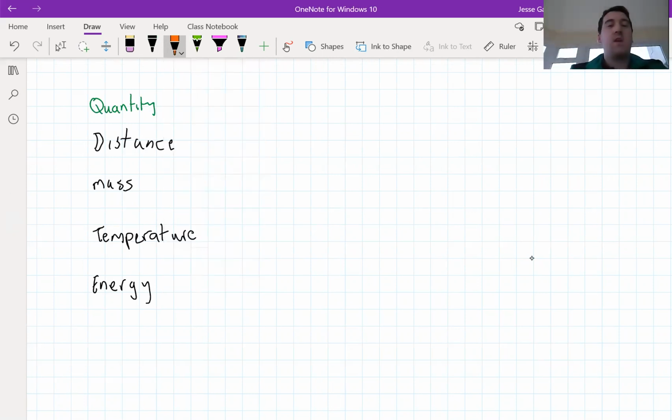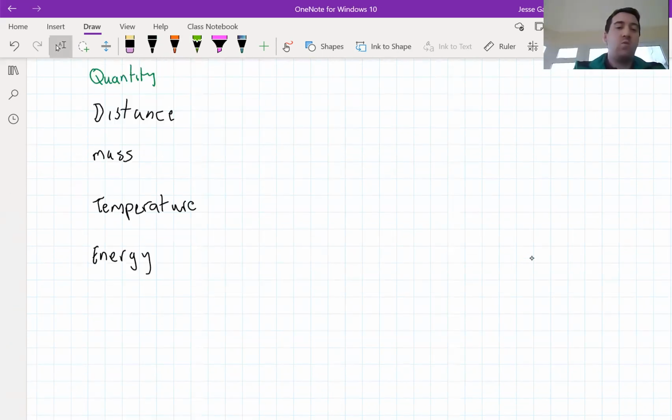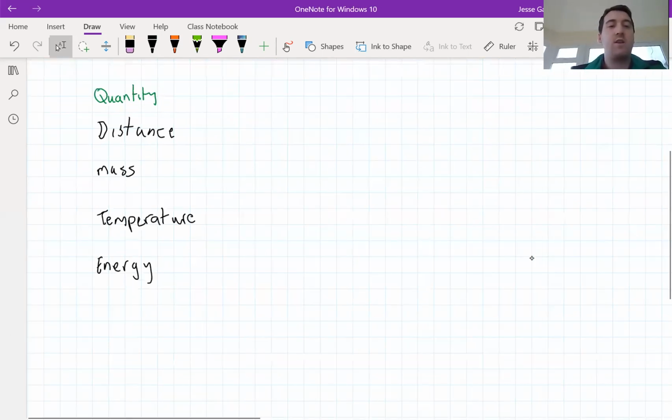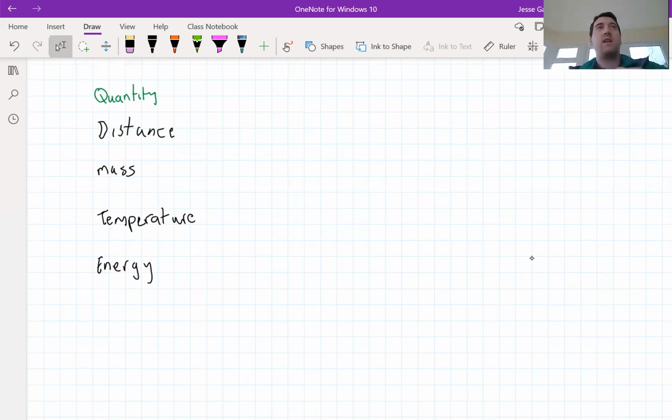Now, sometimes, instead of writing this word out every time, we can shorten the word. So instead of using the word distance every time, in science, scientists like to be lazy and take shortcuts sometimes. So we have what we call symbols, which are basically shortened versions of these words. For distance, for example, we often use the symbol lowercase d.